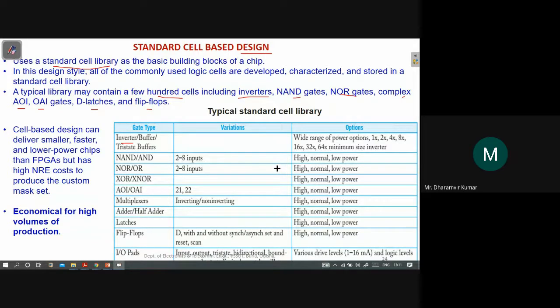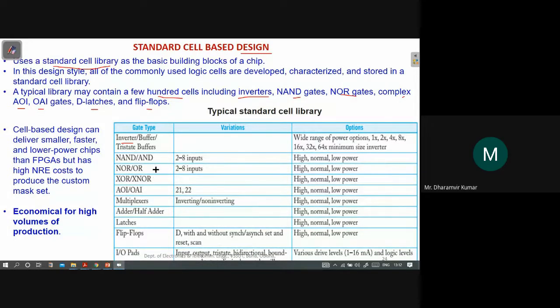So there will not be a single NAND gate, but rather a number of NAND gates available in that cell library, and each of those will have a certain kind of characteristic. Some may be more powerful, having a higher driving capability than the other one. So you have a great choice in terms of the number of components and the flavors of components available in a standard cell library. You pick up those components accordingly, and then you can design your circuit.